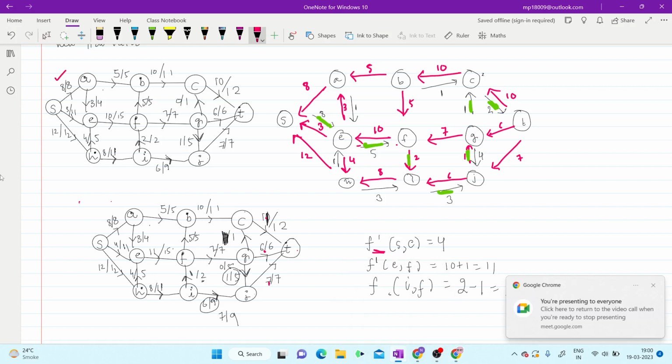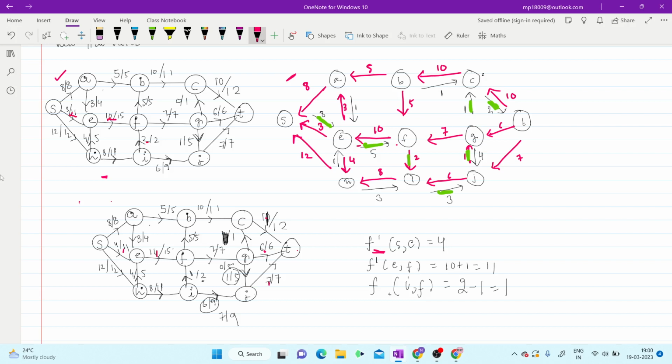So her question was that we don't add and subtract on the residual flow diagram; it has to be done on the original diagram. See, this 3 becomes 4, this 10 becomes 11, and this 2 becomes 1.